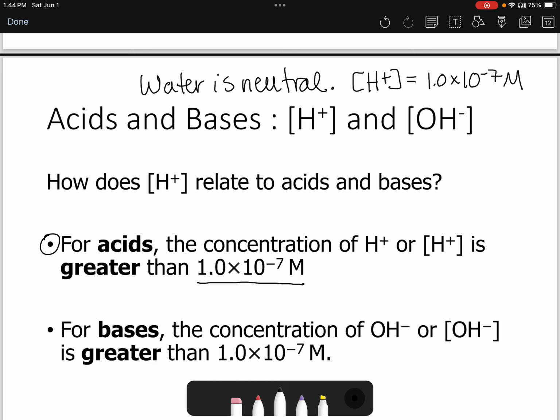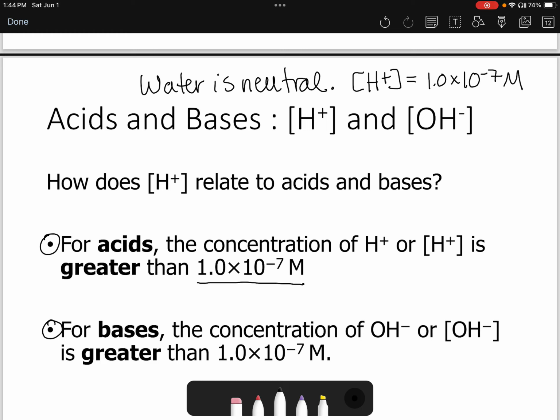So if we were to look at an acidic solution, acids naturally produce hydrogen ions in solution. So they should have a higher concentration of H+. Now it's going to be somewhat the opposite for bases, right? So for bases, the concentration of the hydroxide ion will be greater than 1 times 10 to the negative 7th.